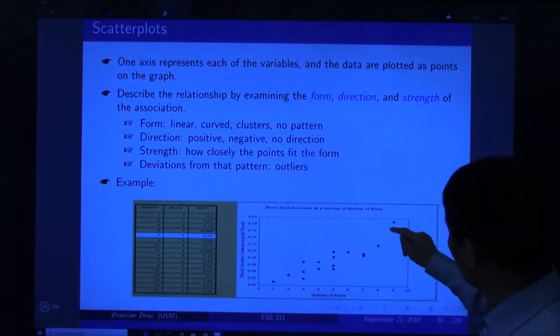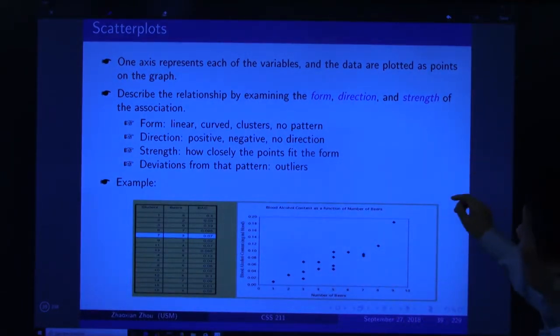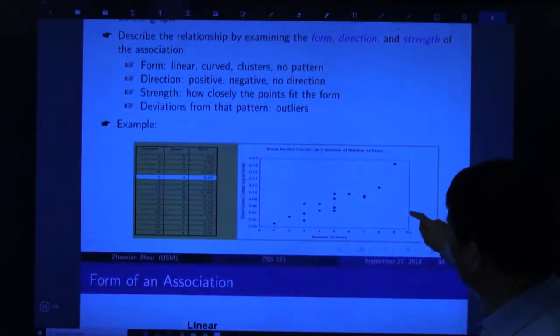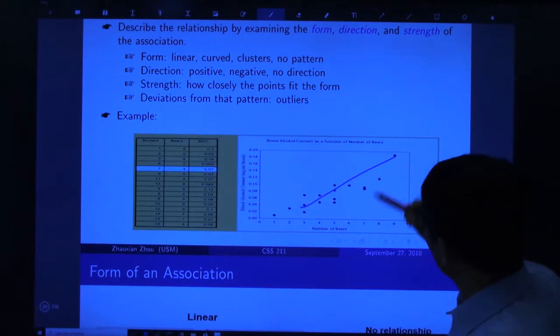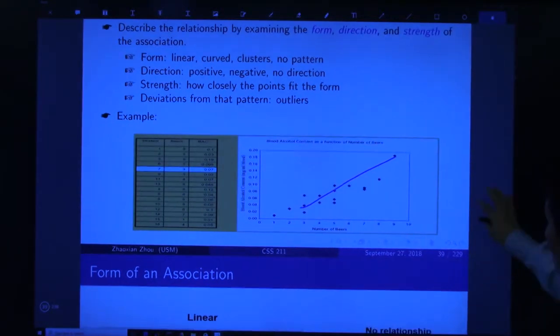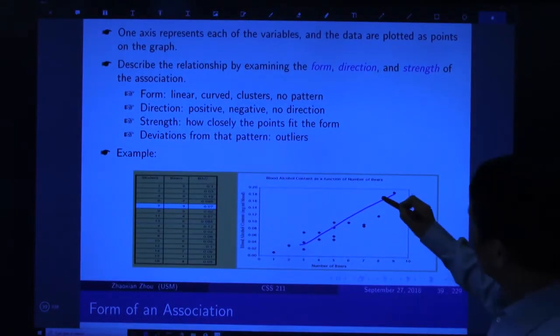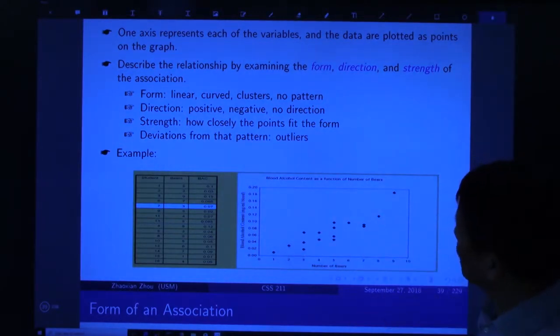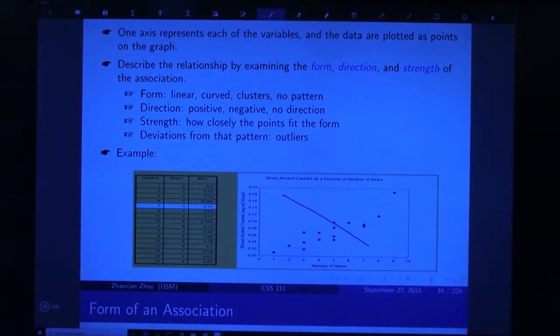Positive will look like this. And negative will be like this. This is a negative slope.